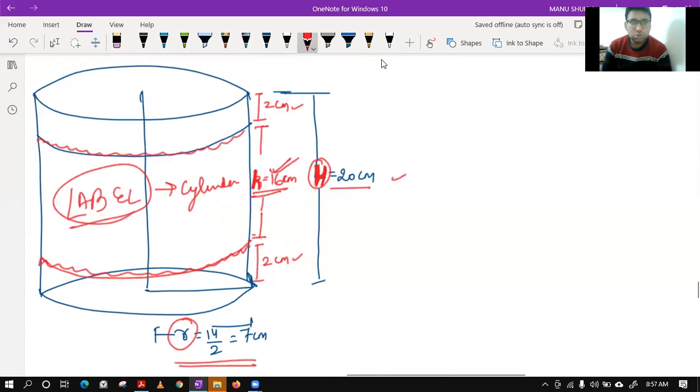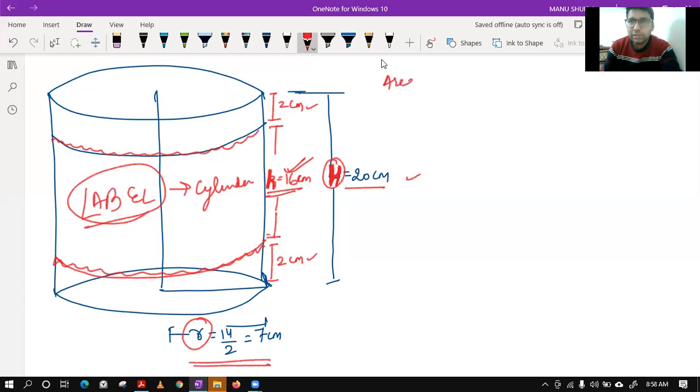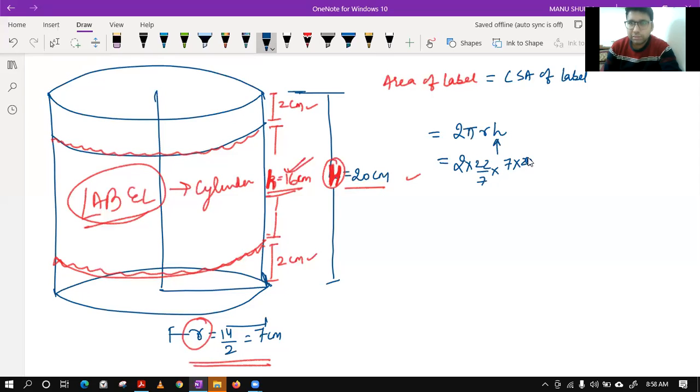So the area of label is equal to the curved surface area of the label, and that is 2 pi r h. This h is correct. If you were using it for the complete cylinder, you could have taken capital H. Now put the values. r is 7 and h is 20. Sorry, h is 16.